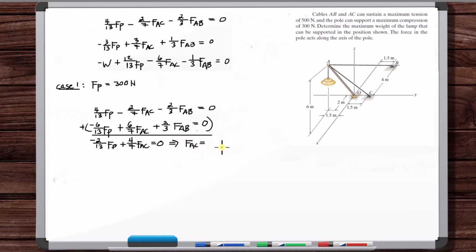FAC is equal to 2/13 times 7/4, so we get 7/26 FP.